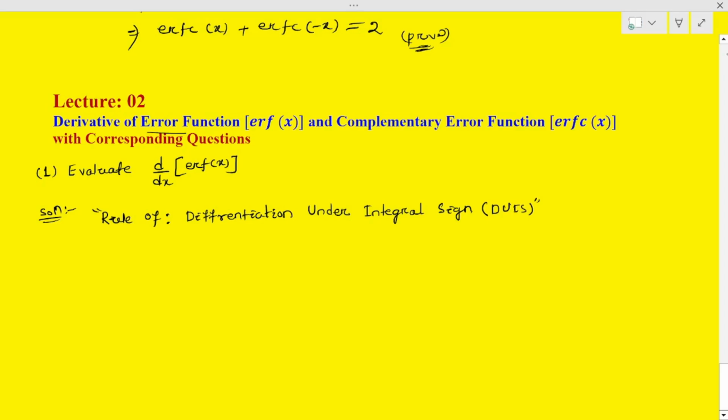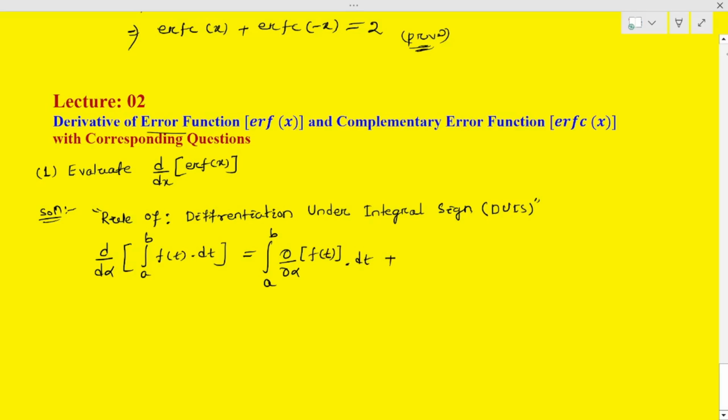According to this rule, in general, d by d alpha of the integral from a to b of f of t dt is equal to: the first term will be the integral from a to b of del by del alpha of f of t dt.